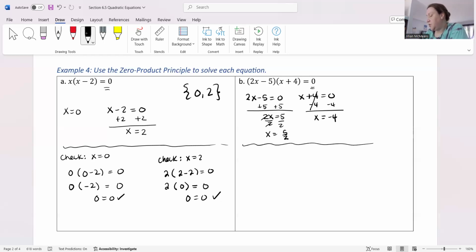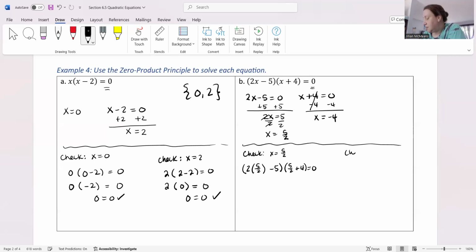So let's check both of these values to see if they satisfy the equation. So let's check x equals 5 halves. So we get 2 times 5 halves minus 5 equals 0, and then we've got 5 halves plus 4 equals 0.